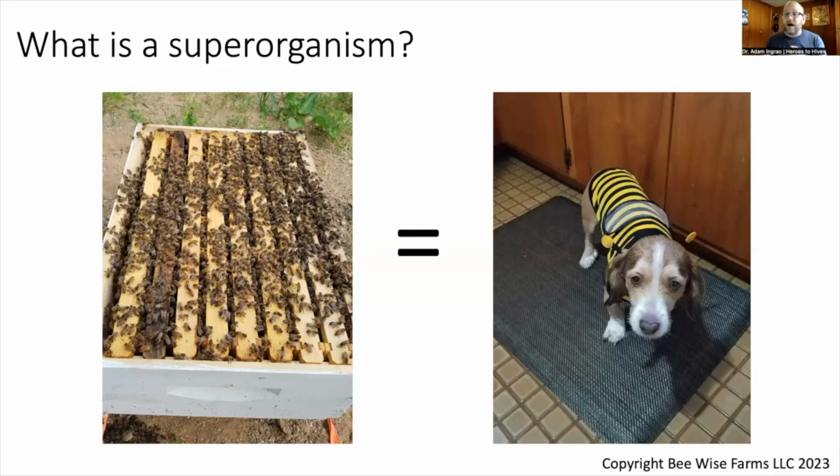It's because I think about my colonies at the superorganism level. I'm not just dumping out a bunch of dead bees as individuals. I lost an entire animal at that point. Sometimes when we shift our mindset about how we look at honeybees, it will change how we actually manage them. Understanding that you're managing at the superorganism level, managing a 25 pound animal, is a really important thing to understand as you move forward in your beekeeping endeavor.